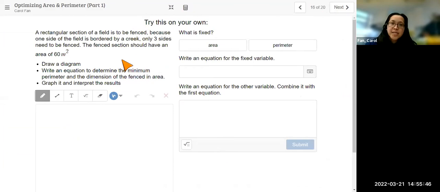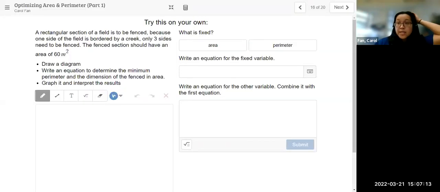Slide number 16, I want you to try this on your own. You're going to answer this question, and we're going to write two equations for it. If you get stuck, I will be popping in to check on your slides and writing comments on it. So give this a shot, and we'll take this up in a little bit.